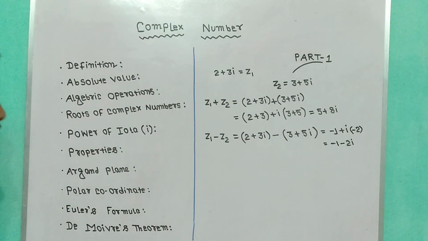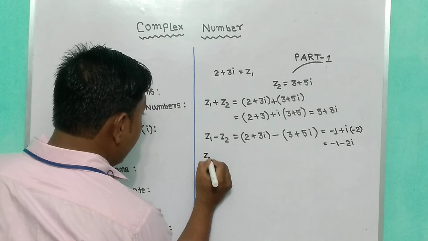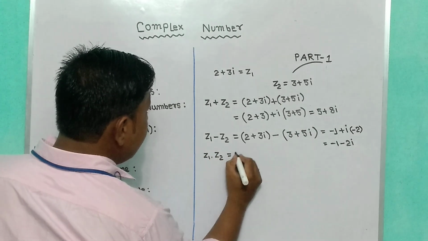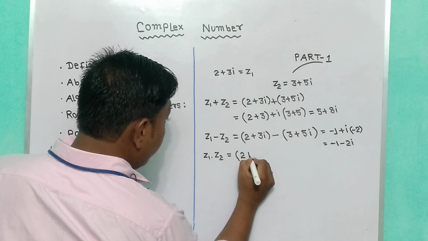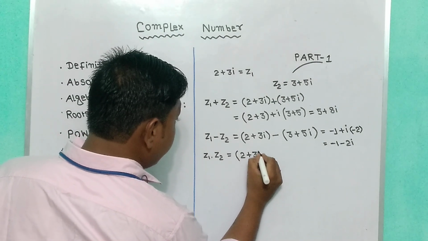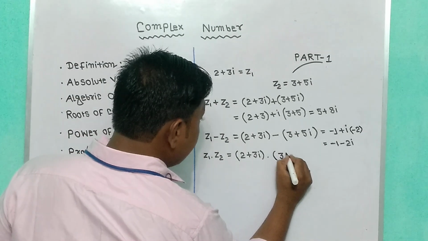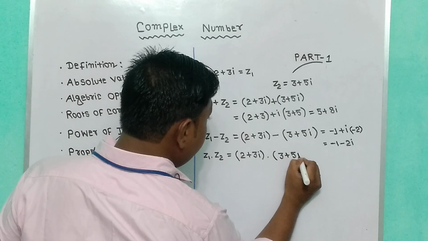Okay, now I am doing the product. So see, z1 into z2. So here we can write 2 plus 3i into 3 plus 5i.